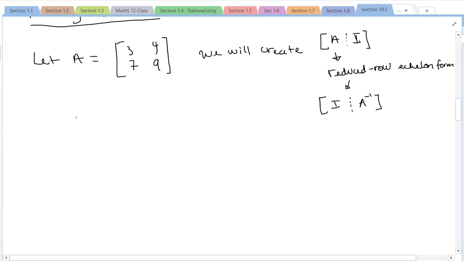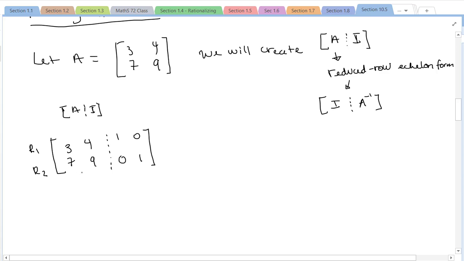So let's try. We're going to create the matrix A I, so it's like an augmented matrix. I'm going to have 3, 7, 4, 9, and the identity matrix. For Gauss-Jordan elimination, we're going to label the rows.